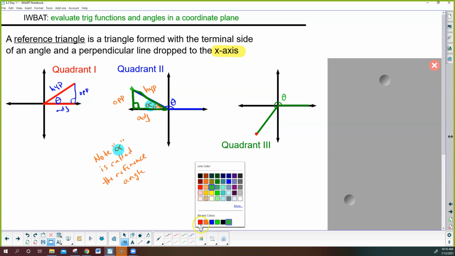The reference triangle is the triangle that you draw from the terminal side to the x-axis. So notice this triangle right here in red, that's considered my reference triangle. And then I'm going to use this same alpha because I now have a new angle right here.